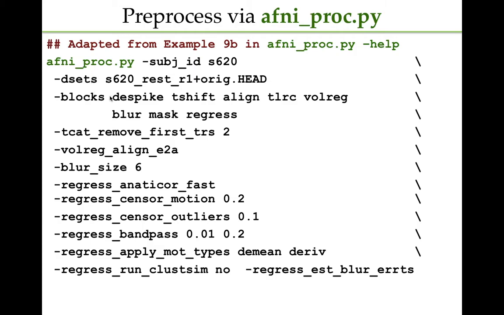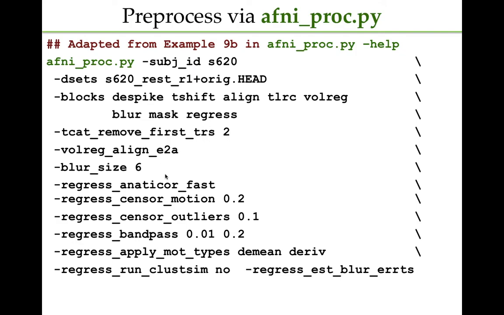So in particular note the list of blocks here. These are the processing blocks as described in the program and as described in this talk. Despiking, time shifting, aligning, transformation to a template space, which used to always be Talairach, but is now many things. Volreg, the time series volume registration, the blurring, creating masks, the regression step.